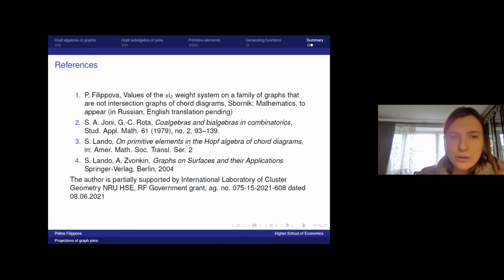So we want to know if there is a graph invariant which coincides with the weight system sl2 for chord diagrams on intersection graphs of some chord diagrams.